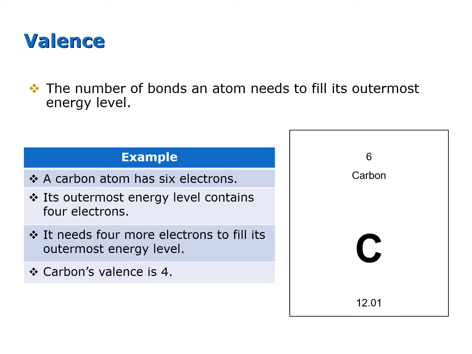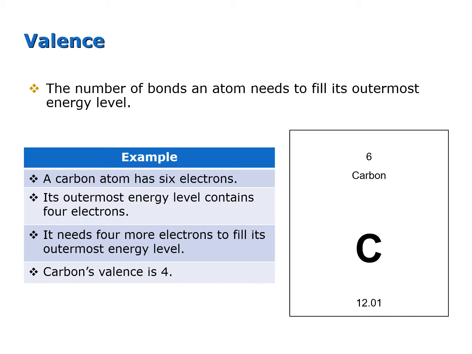Before we describe each of those types of chemical bonds, I would like to describe what is called the valence. The valence is defined as the number of bonds an atom needs to fill its outermost level of energy. For an example, we'll take the carbon atom. If you remember, the carbon has 6 protons.